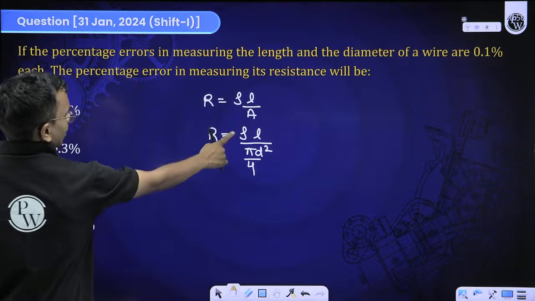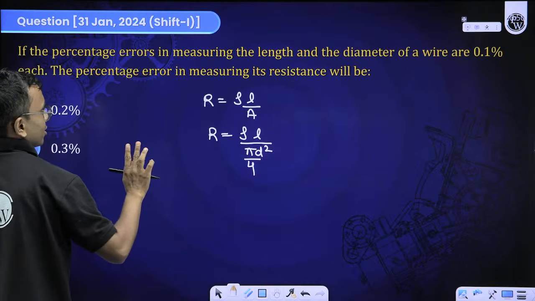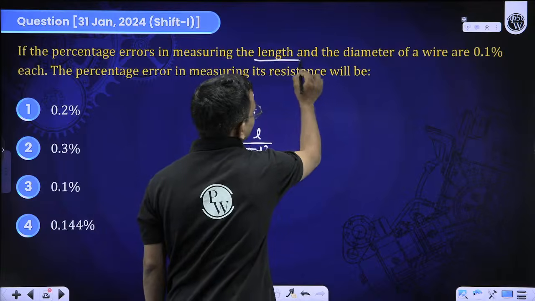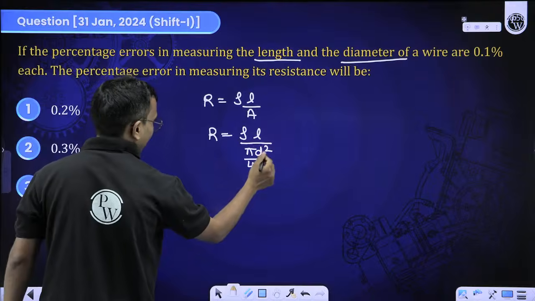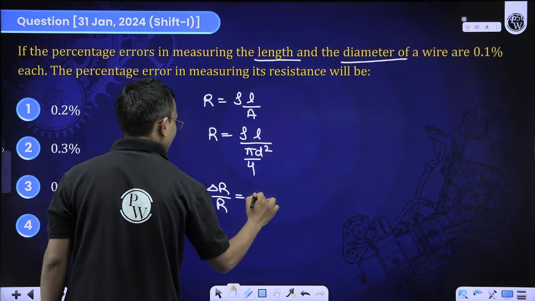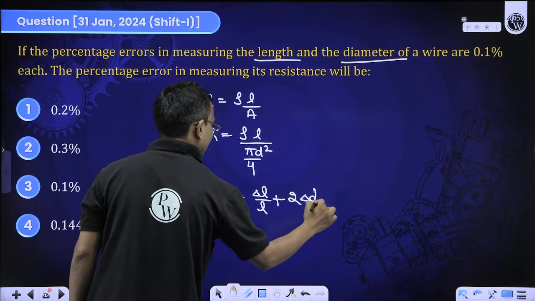Now resistivity rho is constant, pi by 4 is a constant. I am having error only in length and diameter. So when you write delta R by R, that will be equal to delta L by L plus 2 delta D by D.